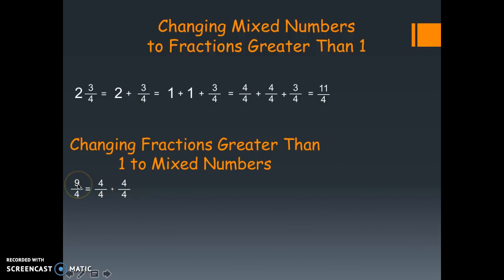So the 9 that we started with minus 8 leaves us with 1/4 left. So what we have here then is 1 whole plus 1 whole plus 1/4, and that's going to equal 2 1/4. So 9/4 is the same as 2 1/4.